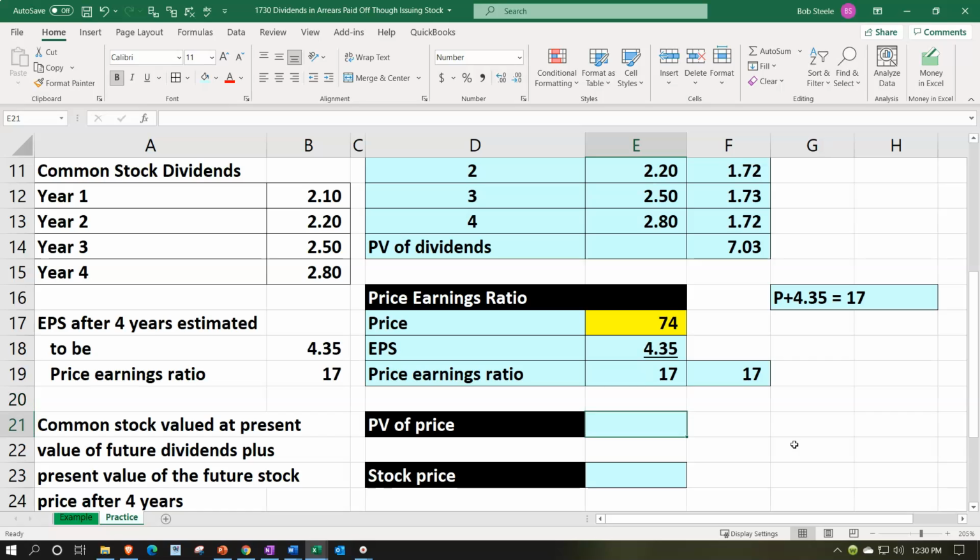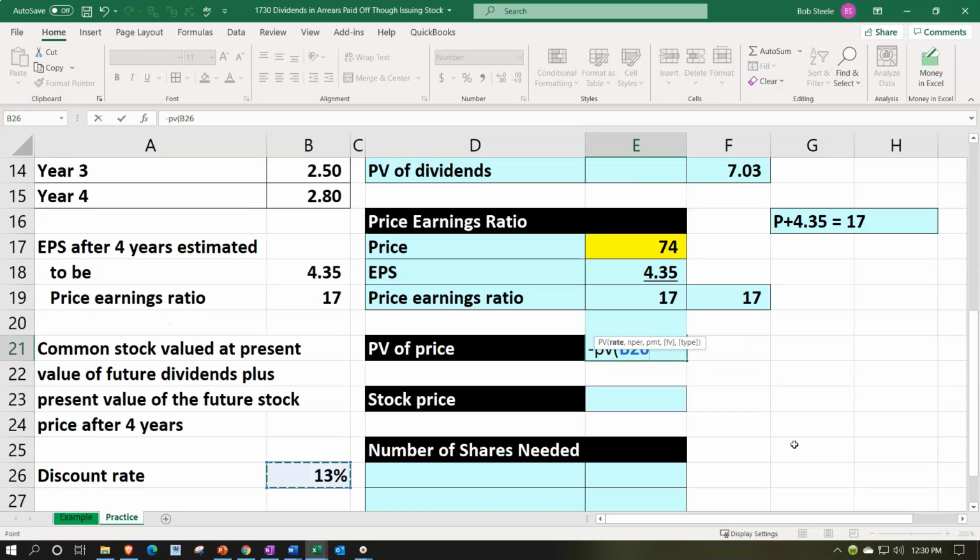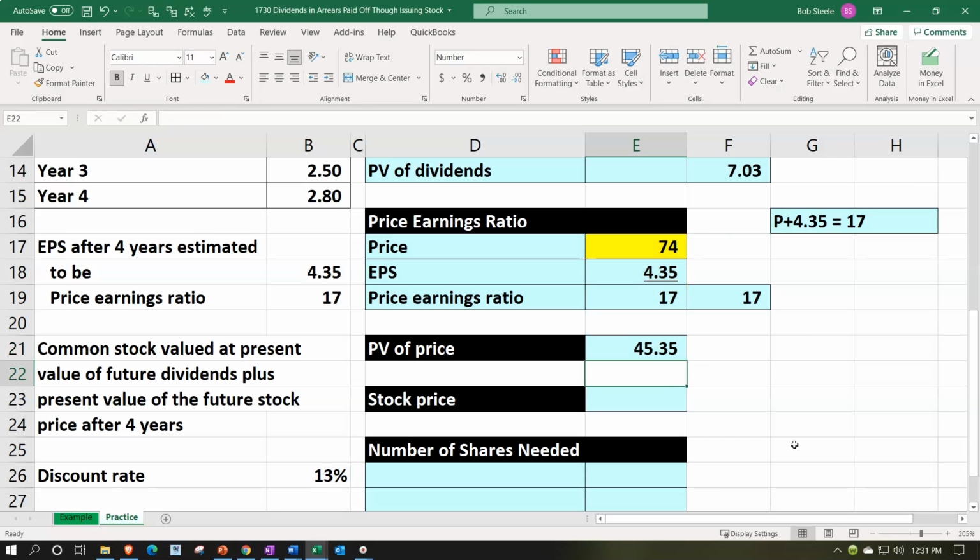So I'm going to do the present value of 1 now, present value of that 74, negative present value, shift 9, the rate, once again, 13%, comma, number of periods. I'm just going to hard code it in at 4, and then comma, comma, because it's not an annuity, but present value of 1, and the future value is that 74 that we're bringing back 4 periods to get to the 45.35.